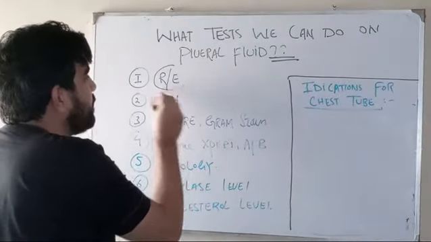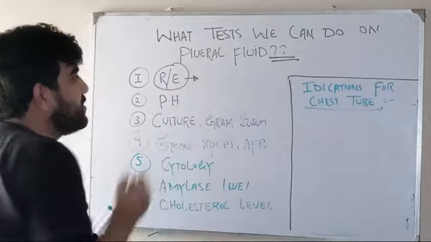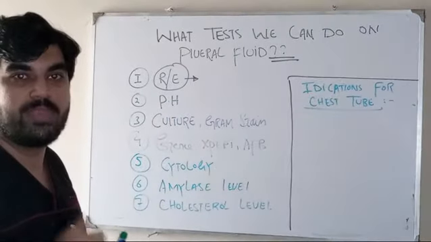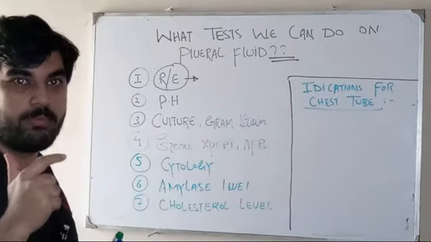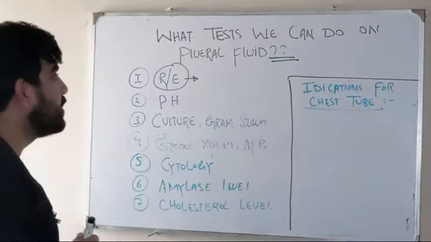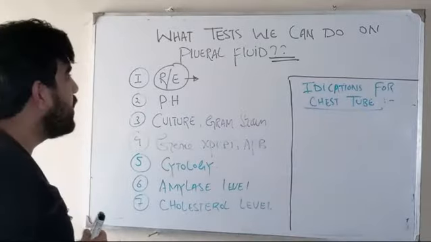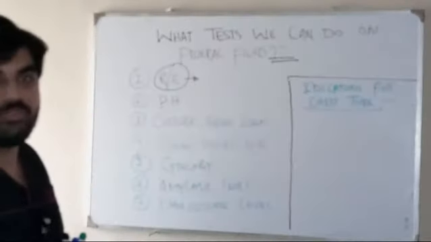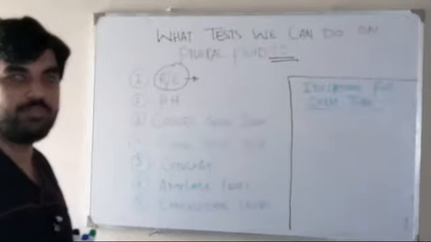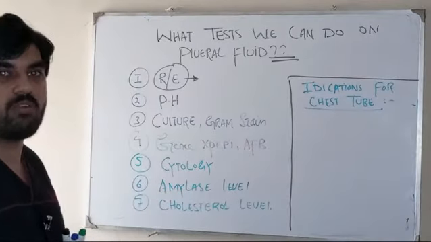So the first thing is the routine examination. We already discussed in detail in the previous part, part one of pleural effusion, how routine examination can help you in identification of pleural effusion, whether exudative or transudative.